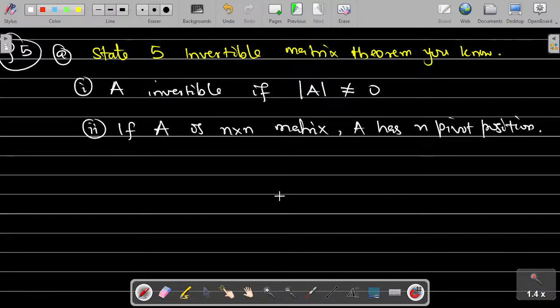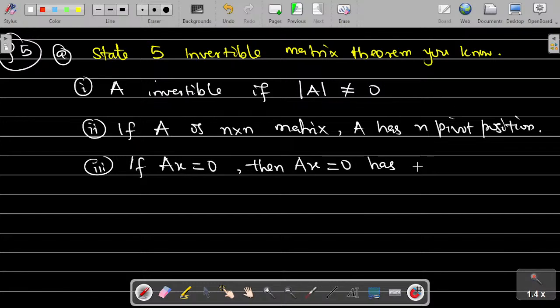Another one is that if AX is equal to 0, that means a matrix multiplies a vector of the same dimension and is equal to 0, then AX equal to 0 has only a trivial solution.